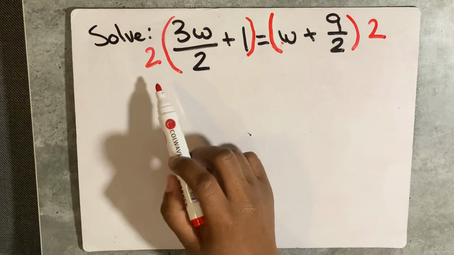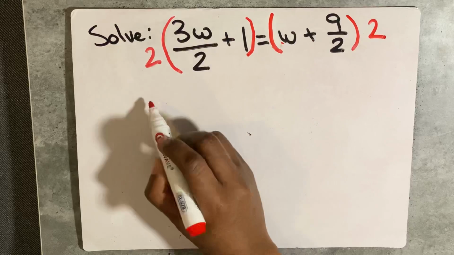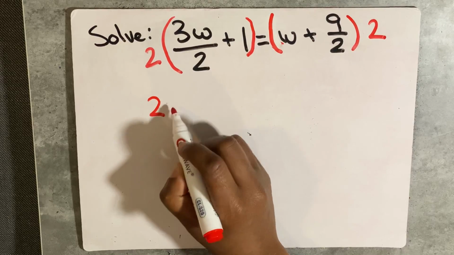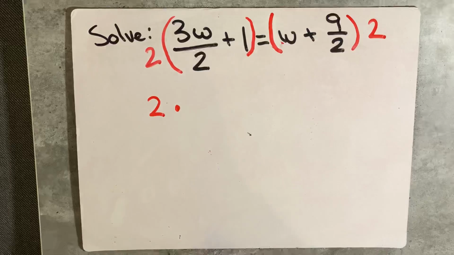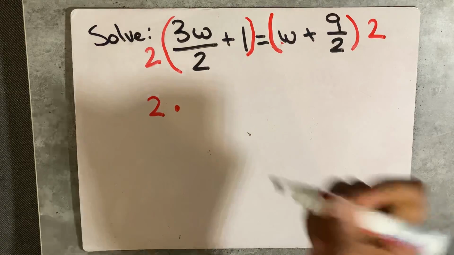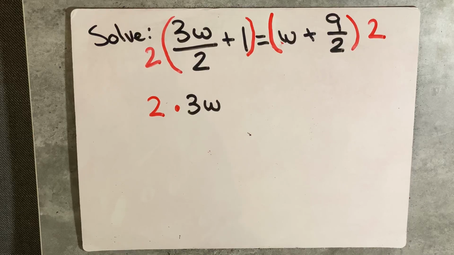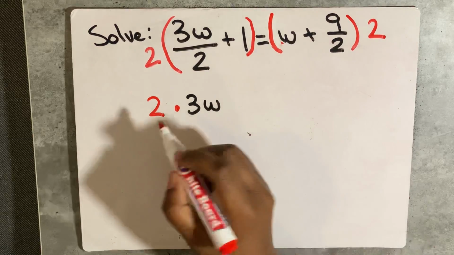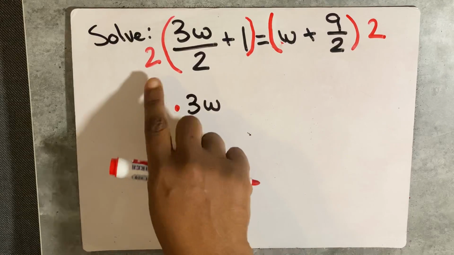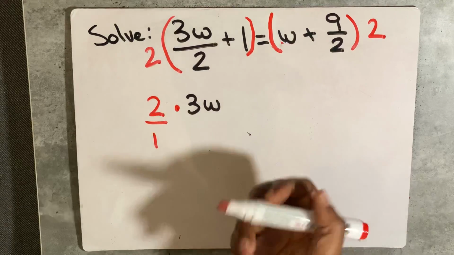If I'm multiplying this times this, I'm saying 2 times 3w, and I'm saying 1, because remember, a whole number, you put a 1 on the bottom.